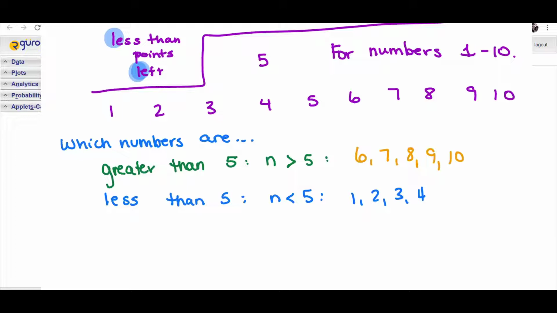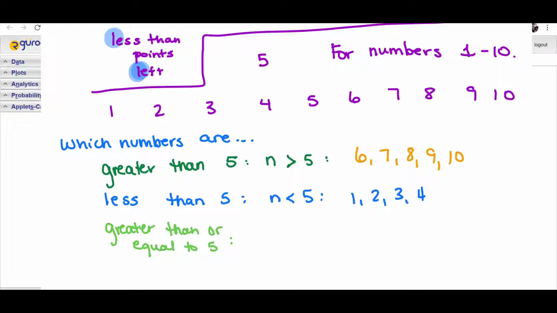If I said what numbers are greater than or equal to 5, those numbers would be 6 through 10, but or equal to would include 5.